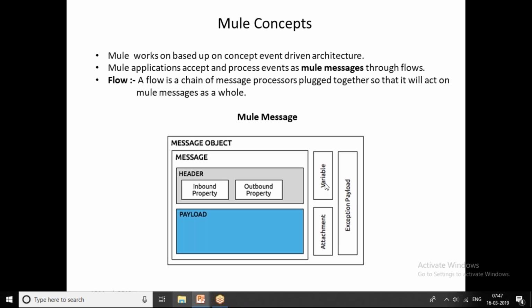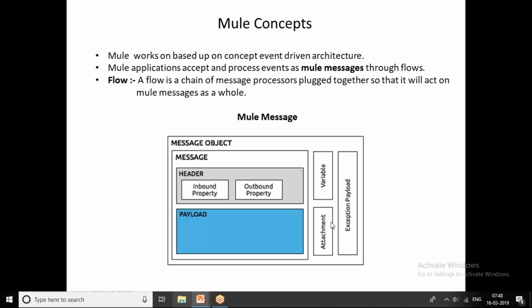That means, using Mule expression language, which is not a proper programming language but an expression language used to access and modify the variables or elements in that object, we can read the exception payload, or we can attach an exception payload.